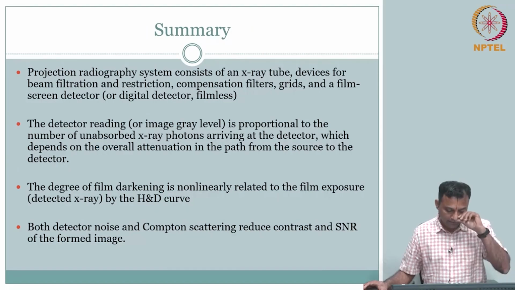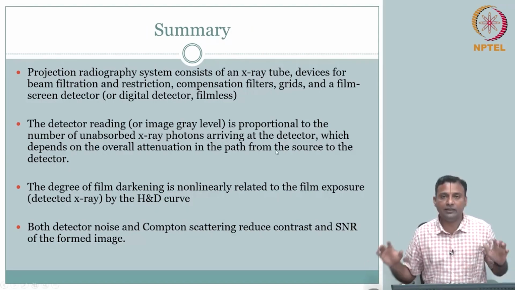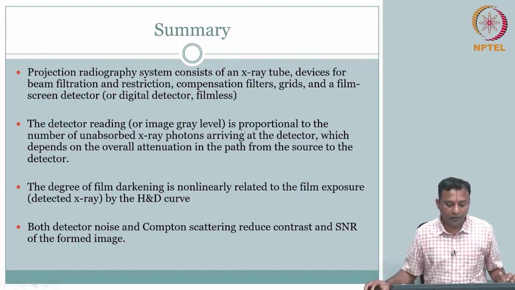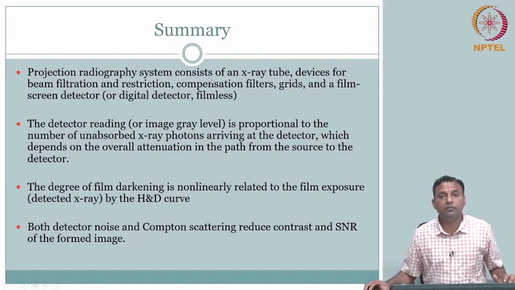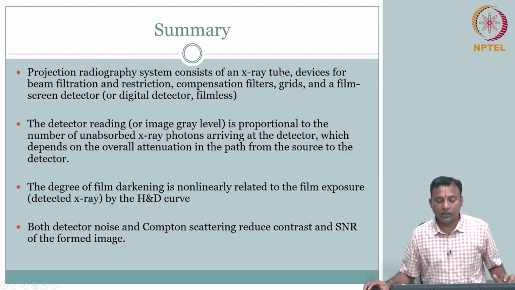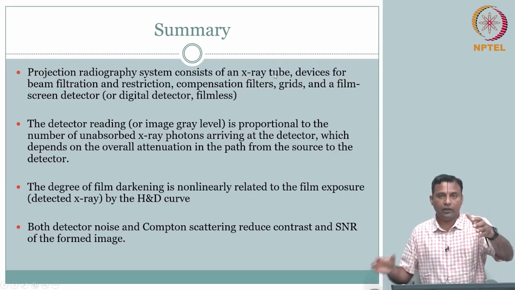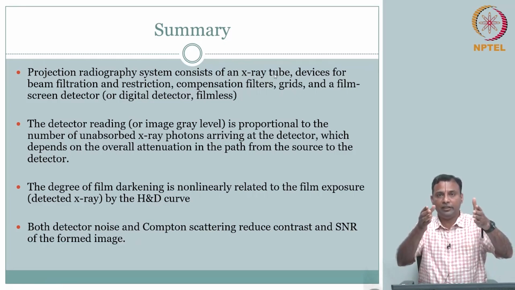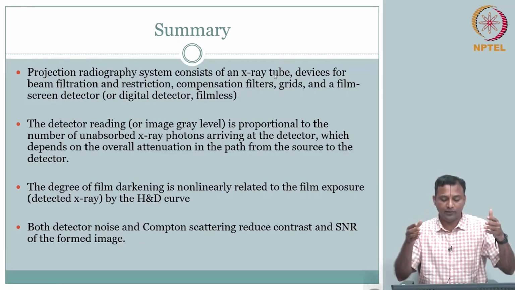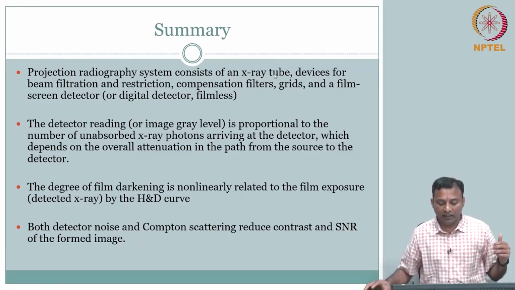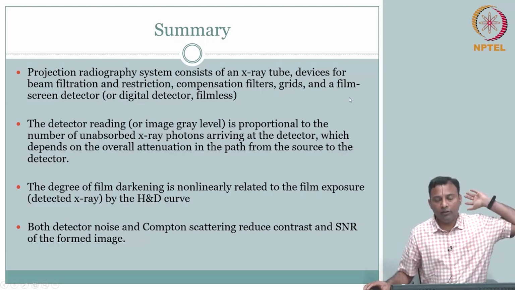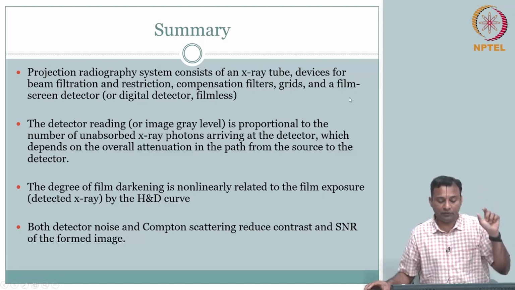So, now we will just summarize what we have covered so far in projection radiography. In projection radiography, we talked about the system, consisting of your X-ray tube and then all the other parts: filtration, field of view restriction, compensation filters, grids, including film detector, in fact the intensifying screen.